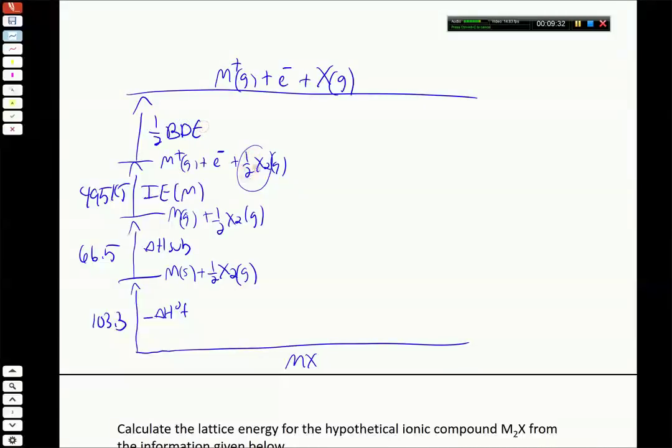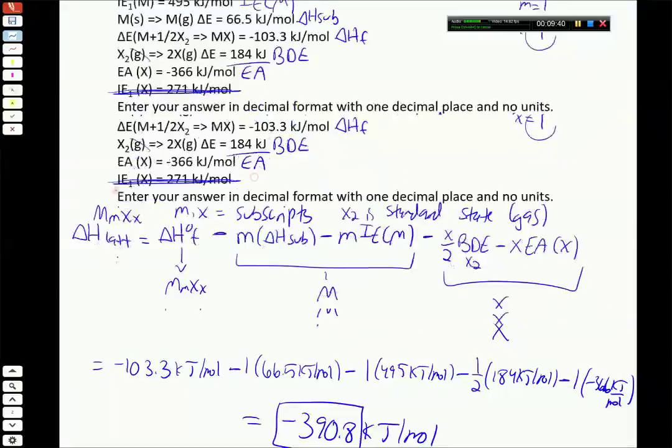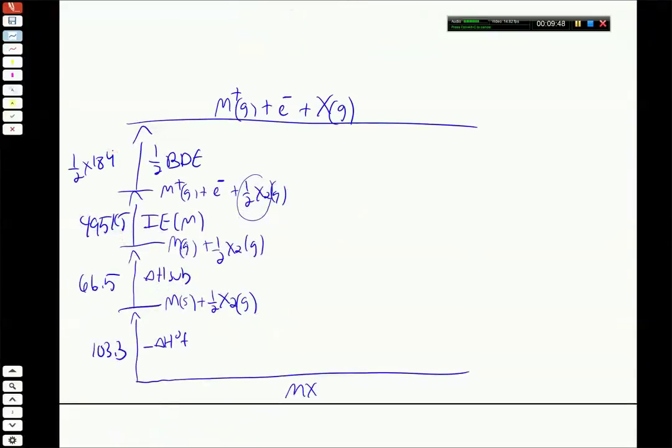Because again, we're doing this for 1/2 of an equivalent of that X2, 1/2 mole of X2, so we need to modify that by 1/2. So that's going to be 1/2 times 184. And I'll just leave units off universally for now. So that's going to be 92 kilojoules per mole.